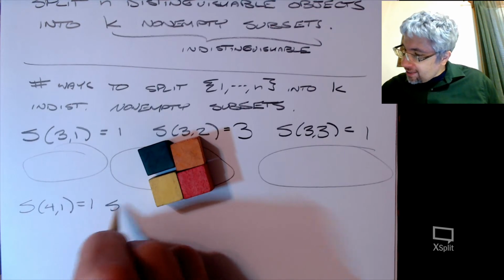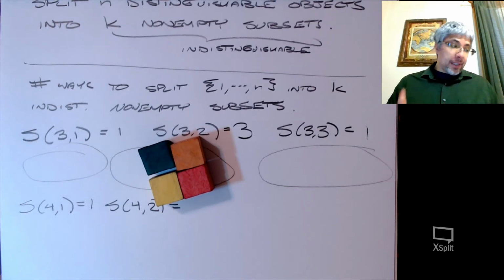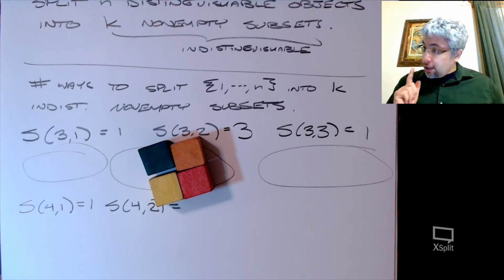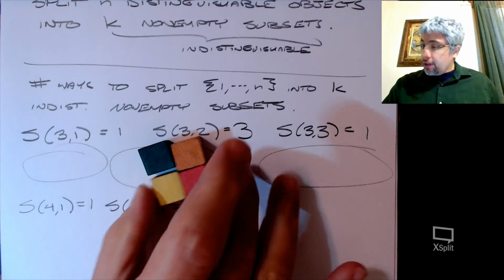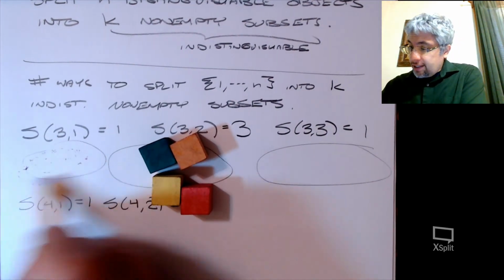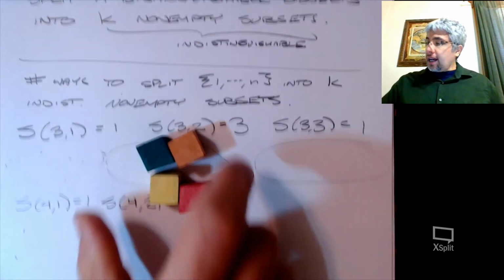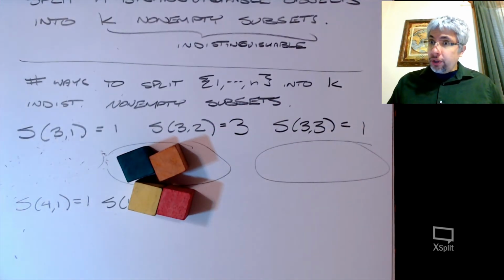Okay, now let's do S4,2. So now we have to be a little bit more careful. Let's think about this. There's only 2 subsets. I could either do a 2-2 split or a 1-3 split, but that's it.